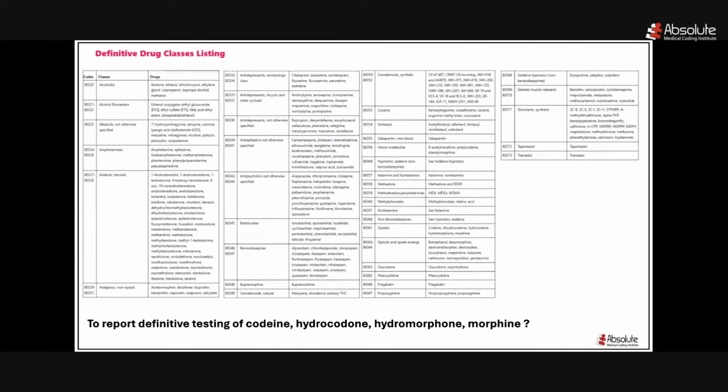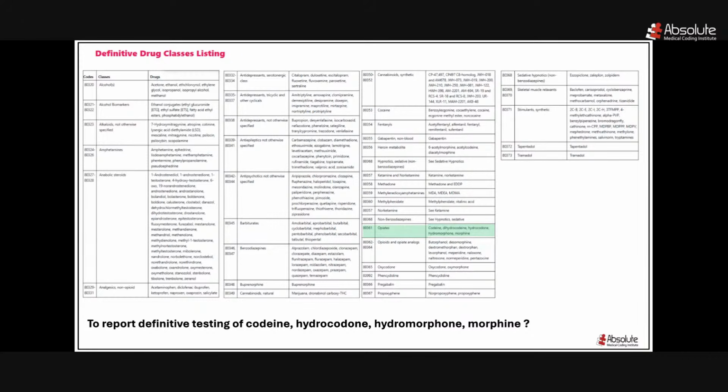Okay, so this can be found over here. It can be found under the opiate class. Okay, there you go. Under opiates, you can see codeine, dihydrocodeine, hydrocodone, hydromorphone and morphine.